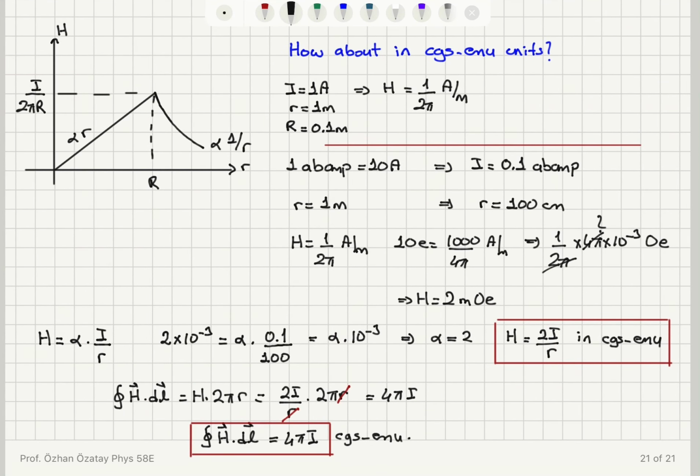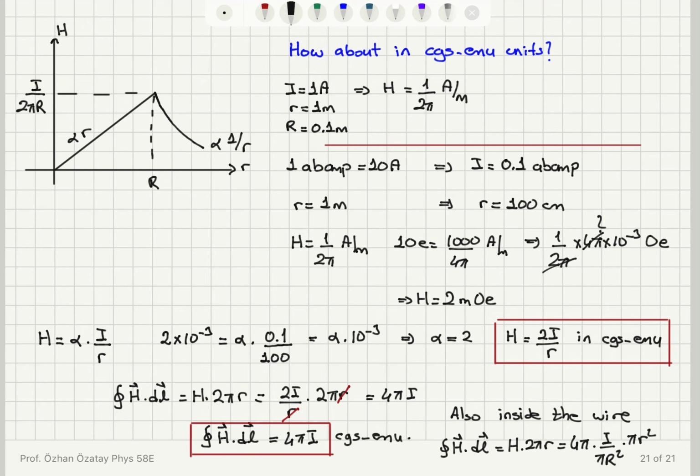So also inside the wire, let's just use Ampere's law in CGS EMU. I have the closed path integral H dot dl is H times 2 pi r. That is 4 pi times the current enclosed. What is the current enclosed? It is I divided by pi R squared times pi r squared. That is the current enclosed.